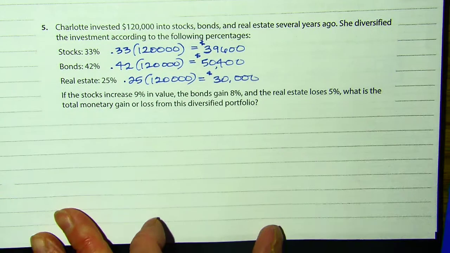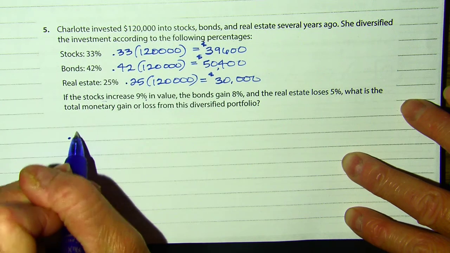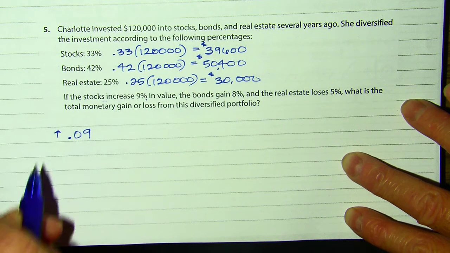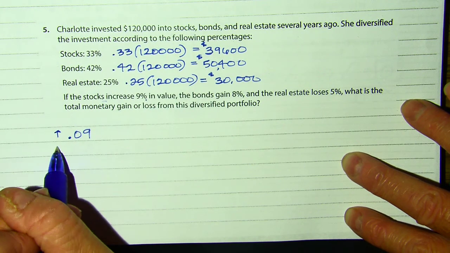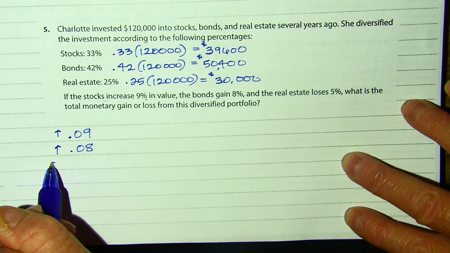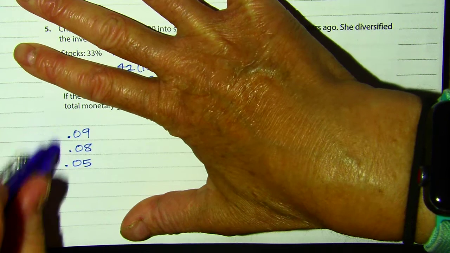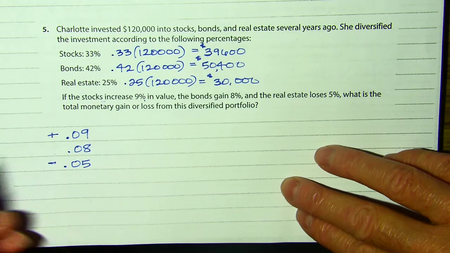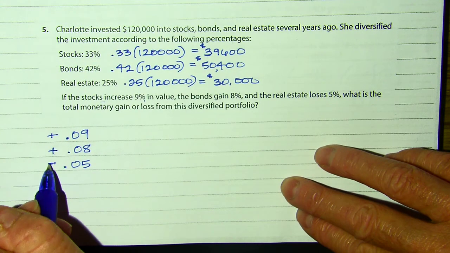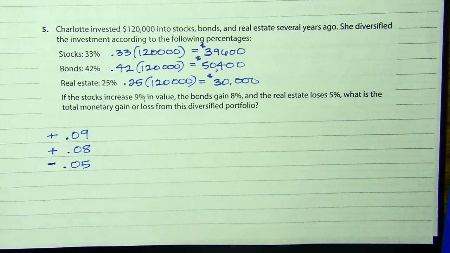Okay? If the stocks increased 9%, so it's an increase. The bonds increased 8%, it's 0.08, but the real estate lost 5%. So I'm going to change these. I got a 9%, got an 8% gain, but I lost 5%. So to calculate this, there are two different ways.